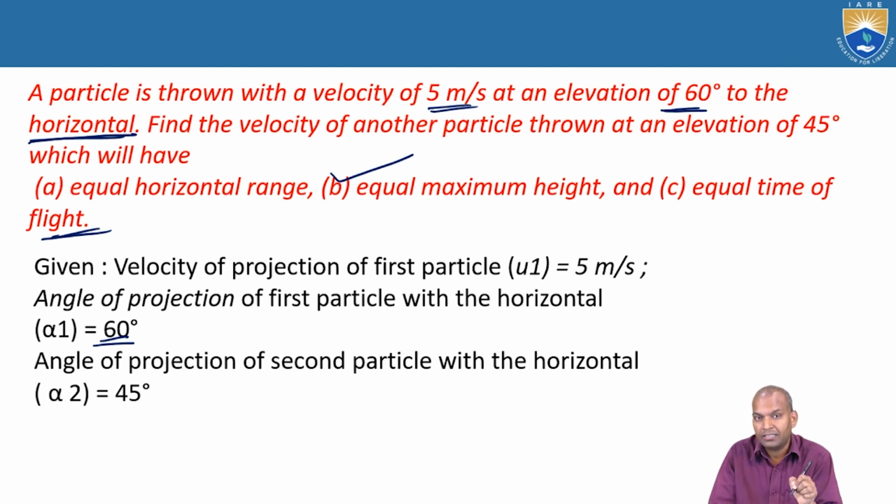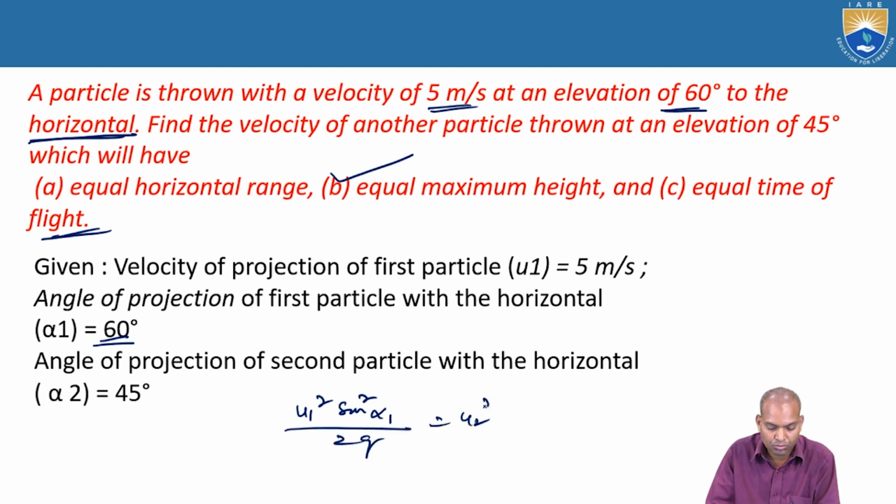Now we have to equate maximum height. What is the maximum height formula? u square sine square alpha by 2g. Equate, then u1 square sine square alpha 1 by 2g equal to u2 square sine square alpha 2 by 2g.